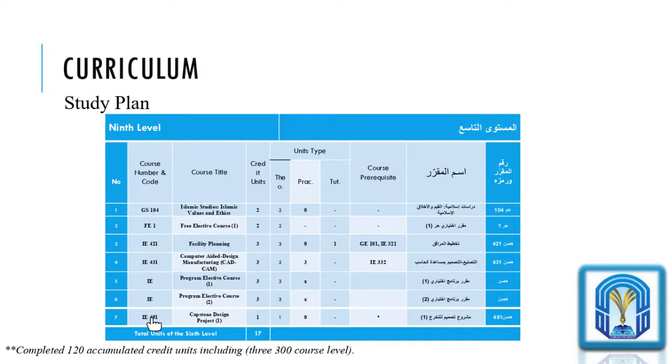It's going to be hard to continue with the capstone if you are late in registering the course and finding an advisor. What happens is some students come at the beginning of the semester and say, okay, we are eligible for 491, we have completed the prerequisite for 491, which is 120 credits including 300 courses. But then when they are asked who their advisor is, they say, we still don't know.